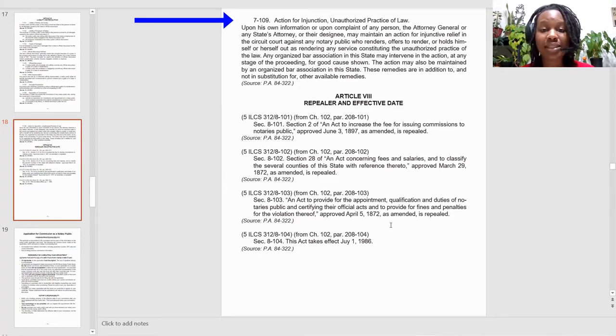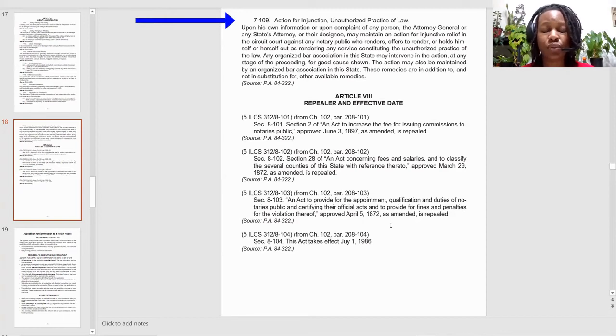Any organized bar association in this state may intervene in the action at any stage of the proceeding for good cause shown. The action may also be maintained by an organized bar association in this state. These remedies are in addition to and not in substitution for other available remedies.